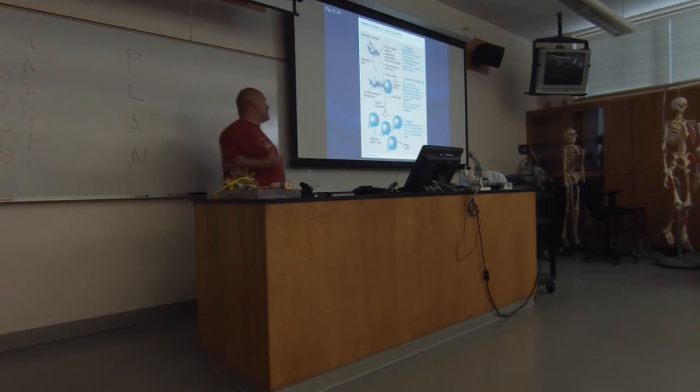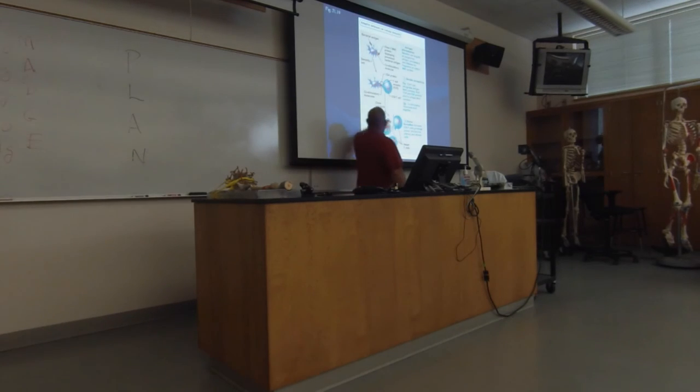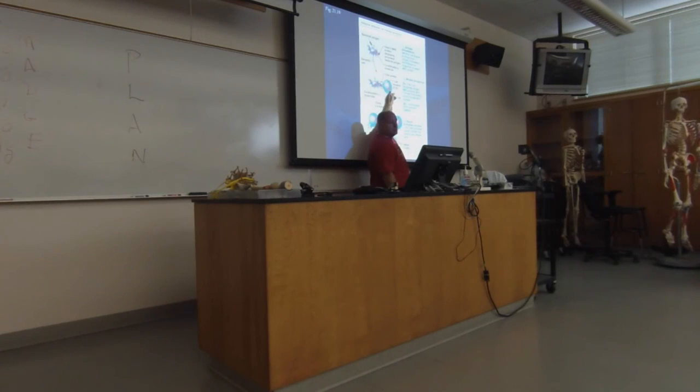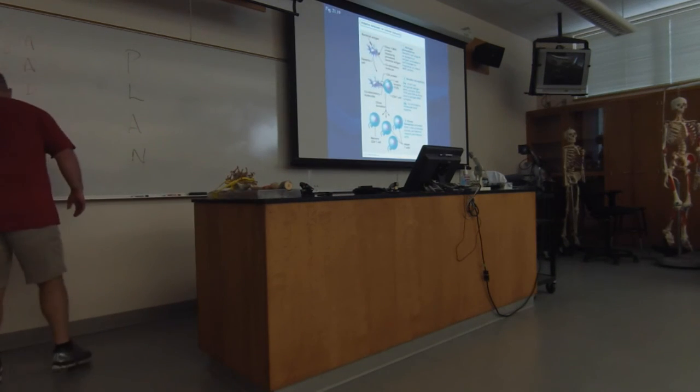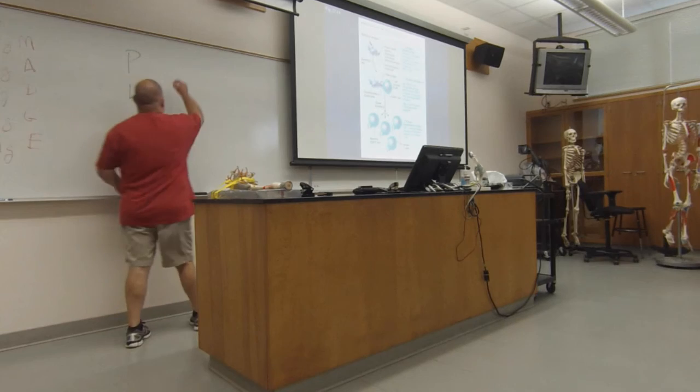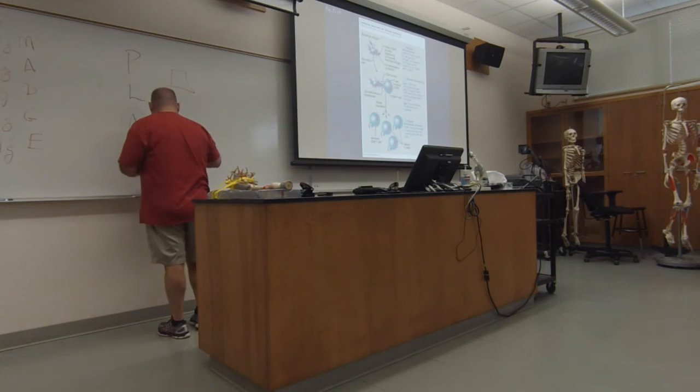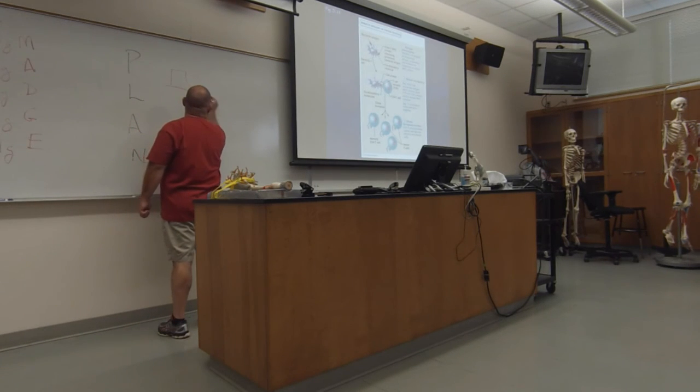Now, it could be chemicals that are released from either one of these, or it could be these molecules. So this particular one we usually see with macrophages instead of dendritic cells. But the macrophage has a B7 molecule.